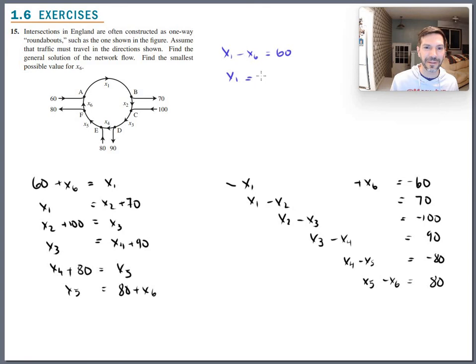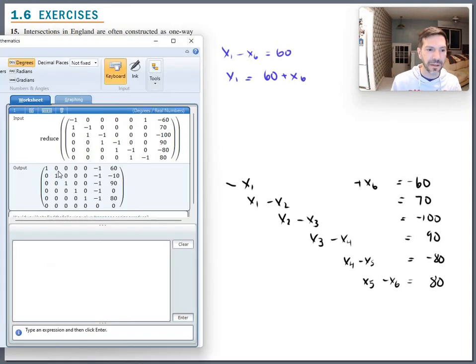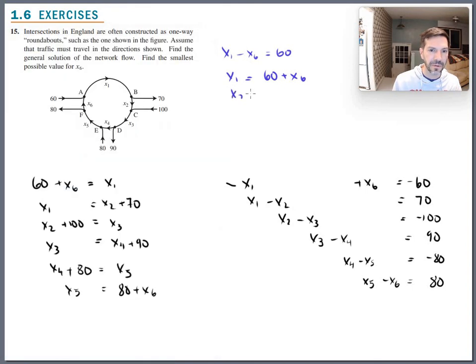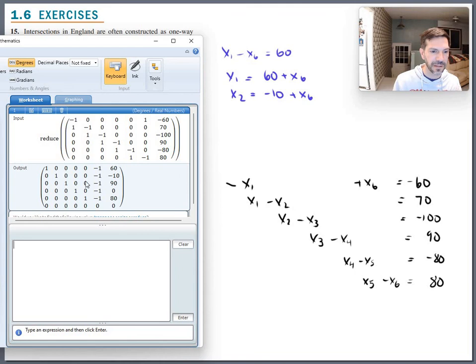So x1 equals 60 plus x6. The next line will be x2, and I'm going to move the x6 to the other side. So x2 equals negative 10 plus x6.